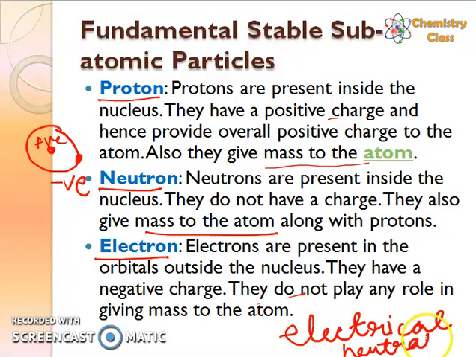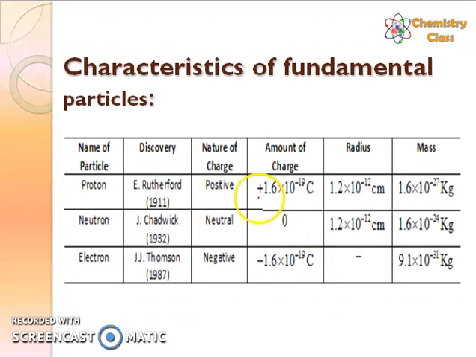Electrical neutrality is the phenomenon where you can have the balance of the positive and the negative charges. So in an atom, protons are present inside the nucleus that have the positive charge. Electrons are present outside the nucleus in the orbitals. They have the negative charge. So there is a balance of the positive and the negative charge, and so there is electrical neutrality in an atom. Okay.